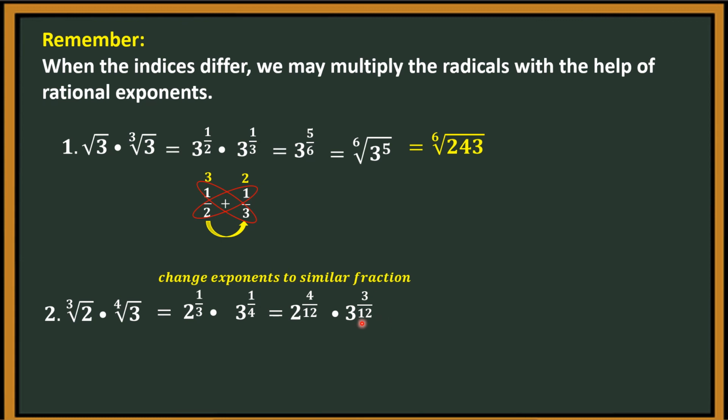And then, since magkapareho na sila ng denominator sa exponent, so pwede tayong mag-change na sa radical. So, that is 12 root of 2 raised to the 4th power kasi ang numerator niya dito ay 4. So, siya na yung magiging exponent ni 2. And then, times 3 cube. So, yung 3 dito na numerator, siya na yung magiging exponent ni 3.